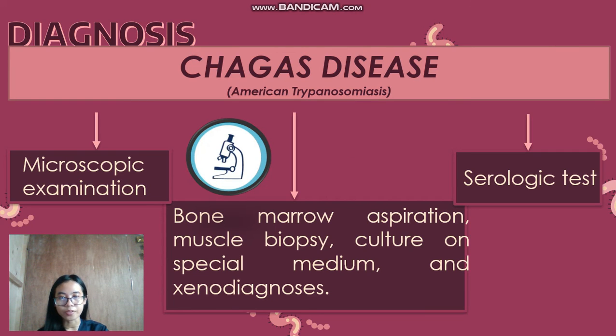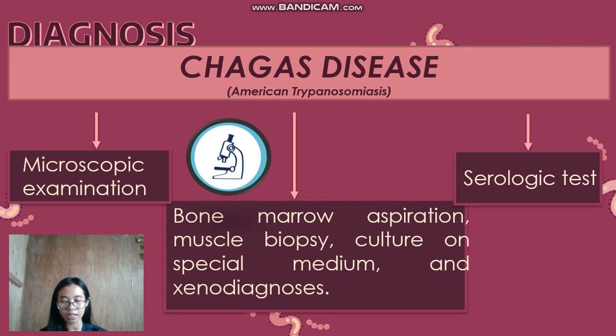So the diagnosis of Chagas disease is through finding of trypomastigotes in thick or thin films of the patient's blood. Other diagnostic methods that can be used include bone marrow aspiration, muscle biopsy, culture in special medium, and xenodiagnosis.